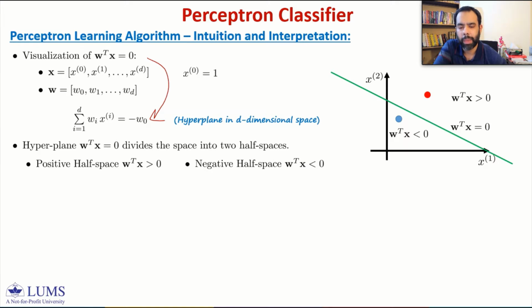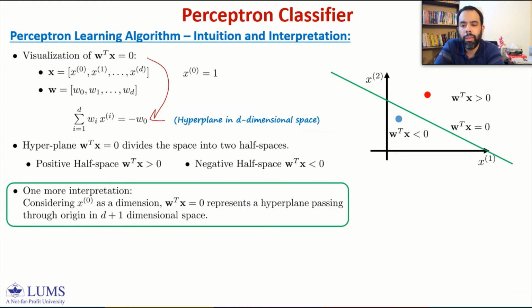So there is one more interpretation of this hyperplane. If we consider x0 as a dimension, it means now my feature space is D plus 1 dimensional space. In D plus 1 dimensional space, w transpose x is equal to 0 would represent a hyperplane passing through the origin.